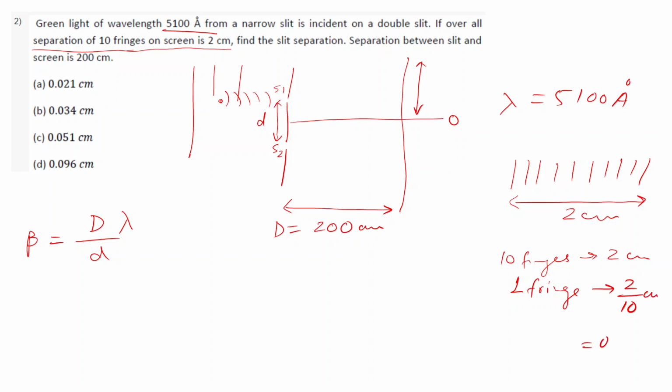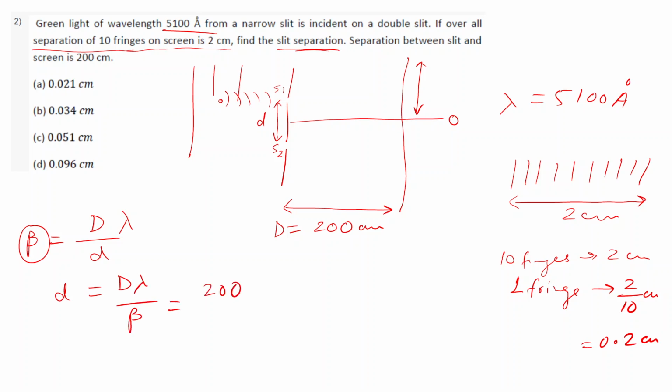That is 0.2 centimeter is the fringe width. That means we know beta. Now we have to find this small d, the slit separation. The small d will be capital D times lambda divided by beta.